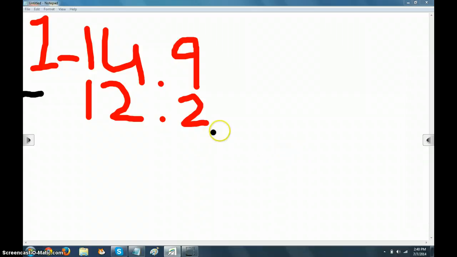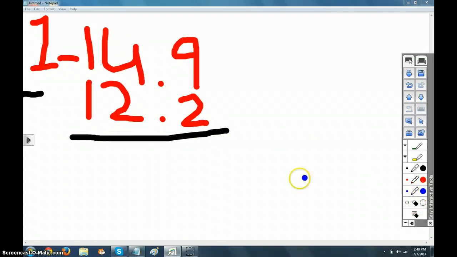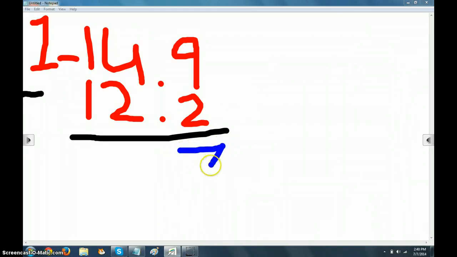Let's draw the line right here with the black pen, and bring back the blue pen. Let's find the answer together. 9 minus 2 equals 7, so I write 7 right here. Then the decimal point, and 4 minus 2 equals 2.